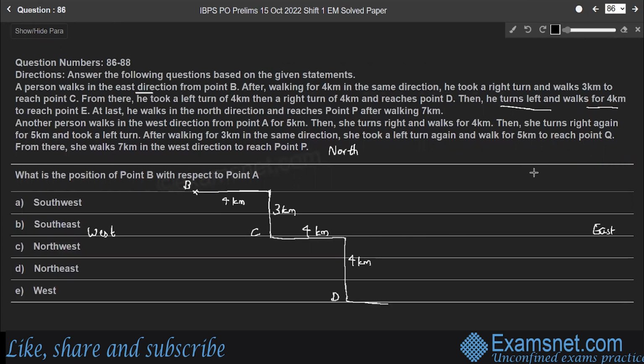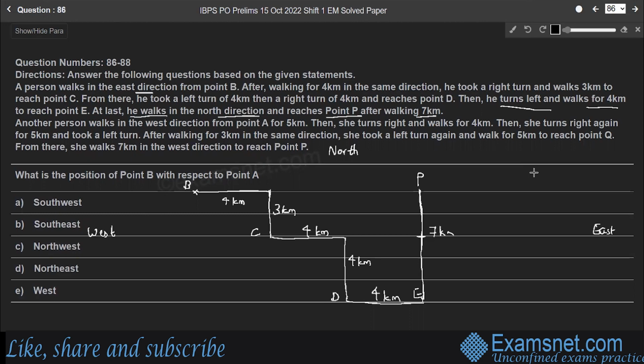Again, he turns left and walks for 4 km to reach point E. This is point E. Then at last he walks in the north direction and reaches point P after walking 7 kilometers. Up to here it is 4 kilometers, and above that 3 kilometers. Totally it is 7 kilometers and he reaches point P.